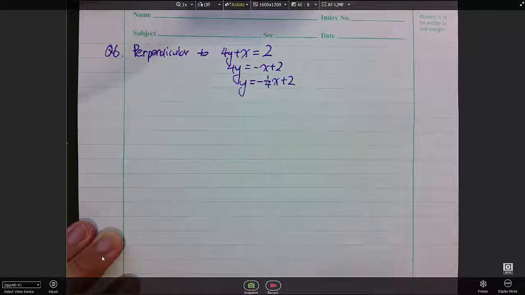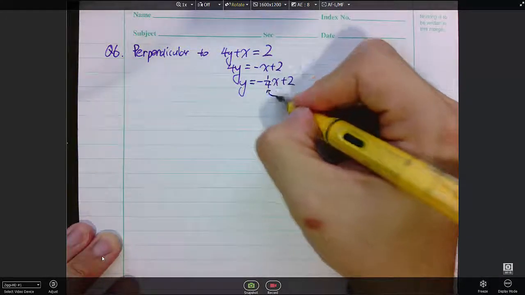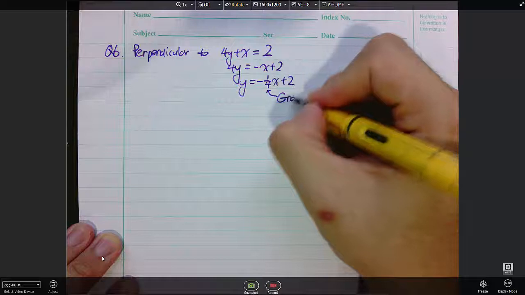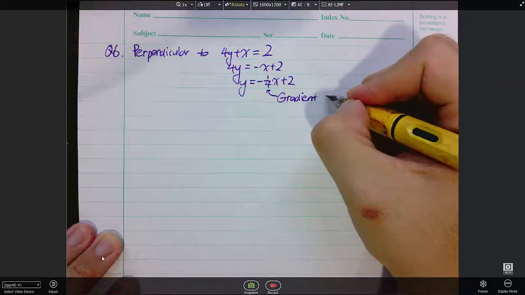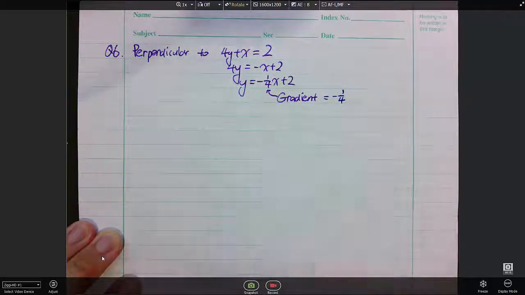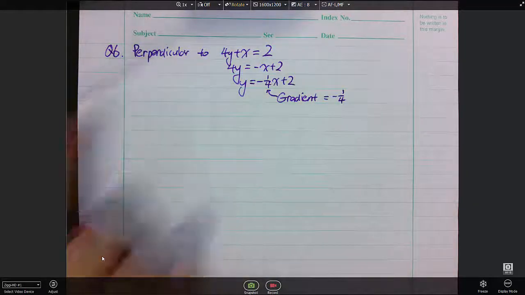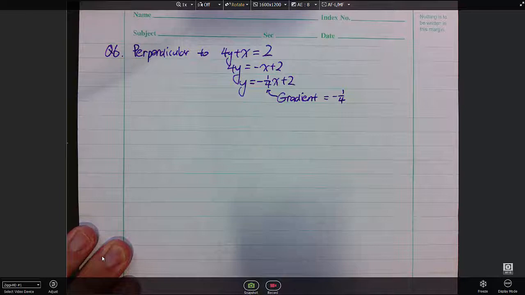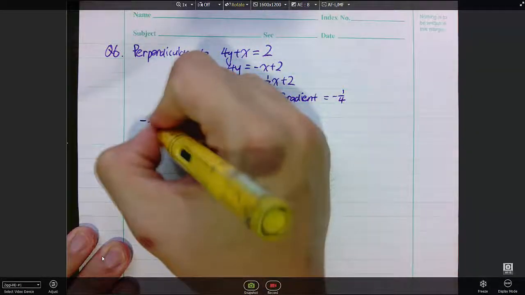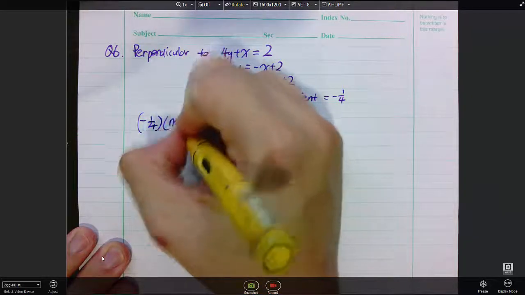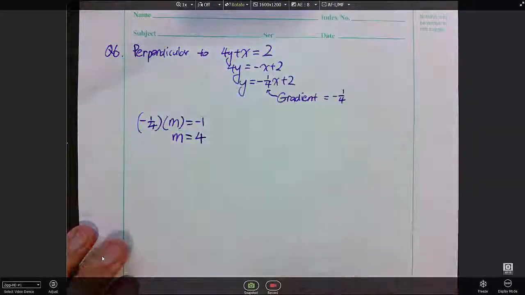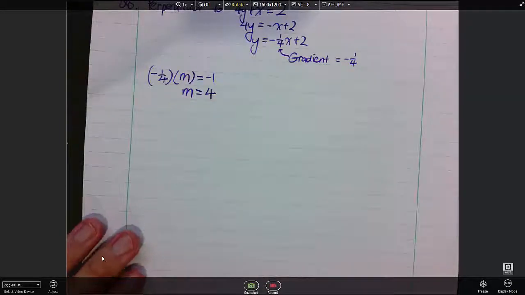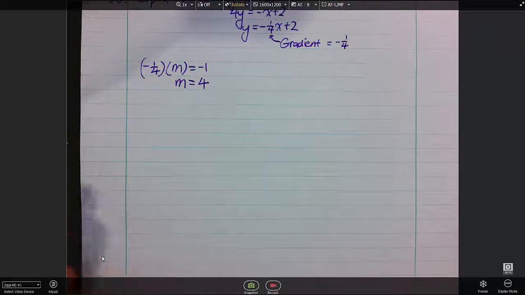You notice this negative 1/4 x tells me that the gradient of the line is negative 1/4. However, we want the perpendicular to this line, so negative 1/4 times m equals negative 1. So the gradient of the line I'm trying to find is m equals 4.